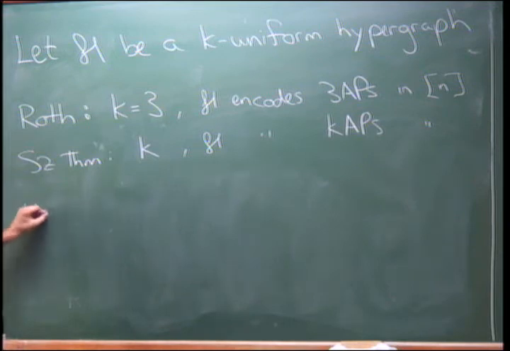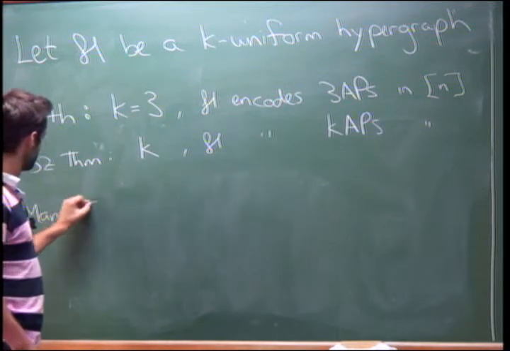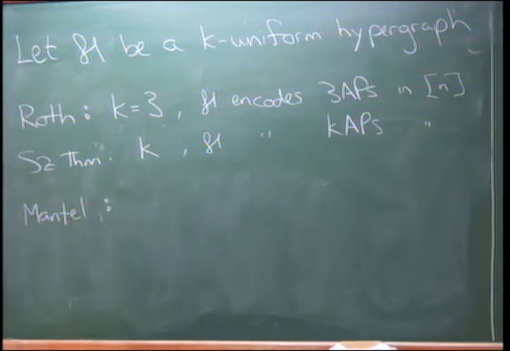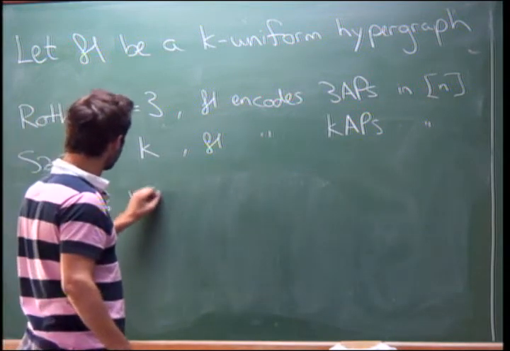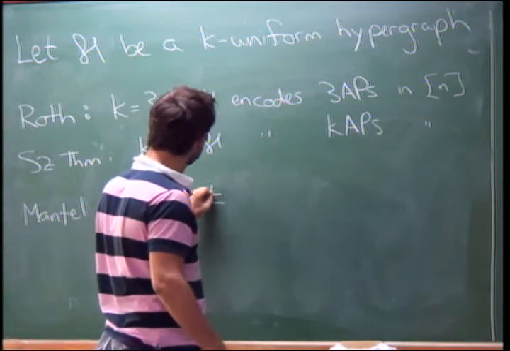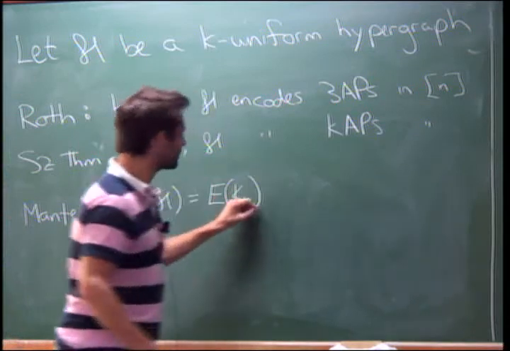For, say, Mantel's theorem, we want to encode triangles. So you might think that the thing to do is let the vertex set be 1 up to n and encode triples which form triangles of vertices. That's the wrong thing to do. The vertex set of our hypergraph is going to be the edge set of the complete graph.